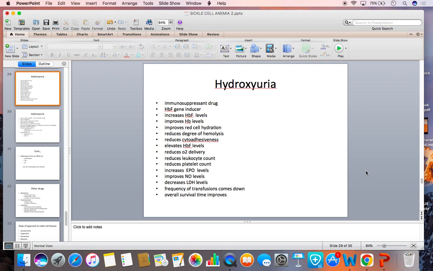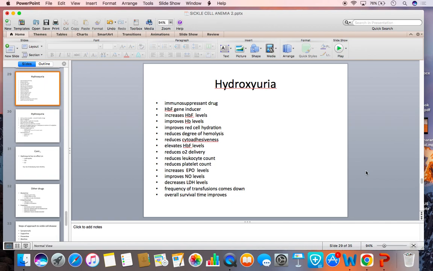It increases the HbF levels, improves hemoglobin levels, improves red cell hydration, reduces degree of hemolysis, reduces cytoadhesiveness, elevates HbF levels, reduces O2 delivery, yes, because HbF has got more affinity for oxygen.